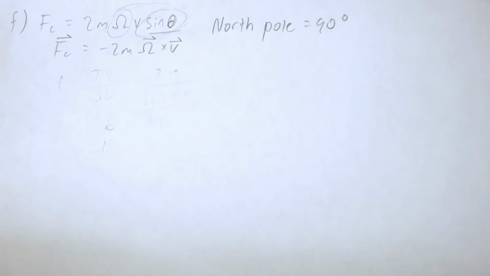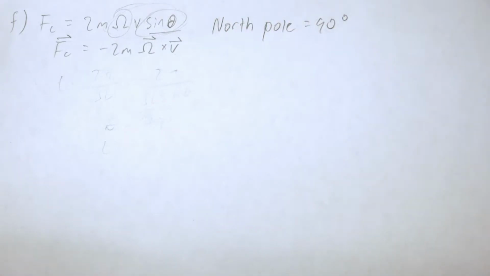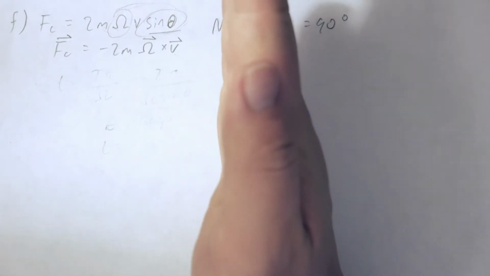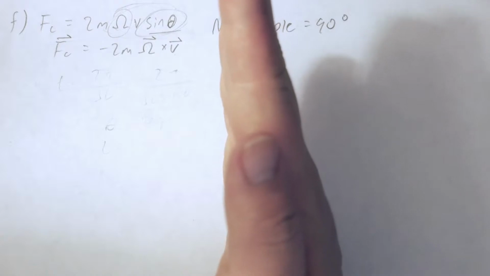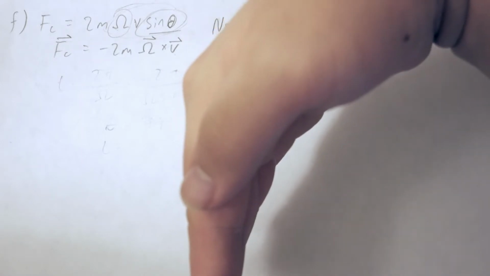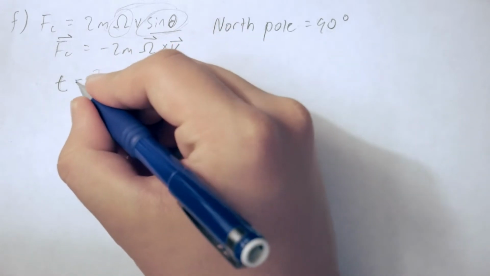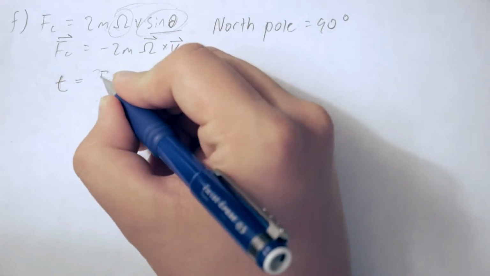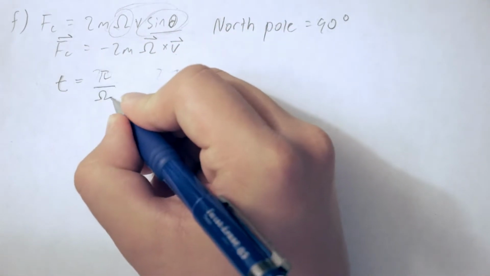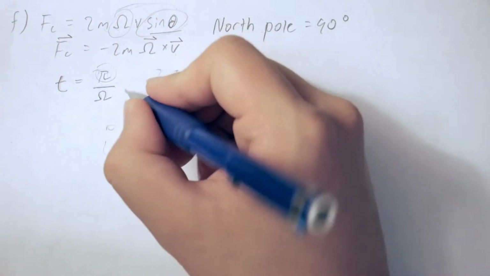And you can see that once you make a half rotation, the plane of oscillation resets. It's not a full rotation because, let's say my hand is the plane of oscillation, then when it's turned 180 degrees, or half a rotation, the plane of oscillation resets. This is the same as this way. Then the time would be pi over big omega, because pi is the radians that it travels.